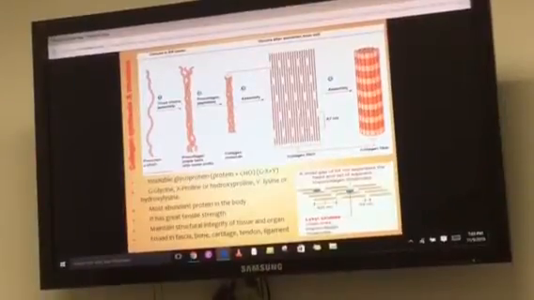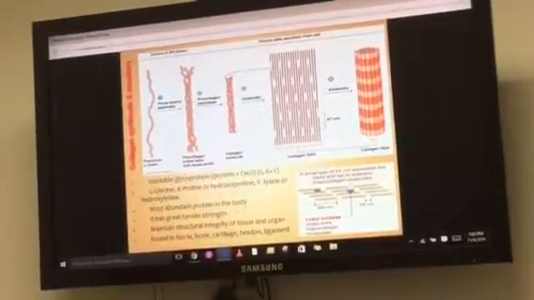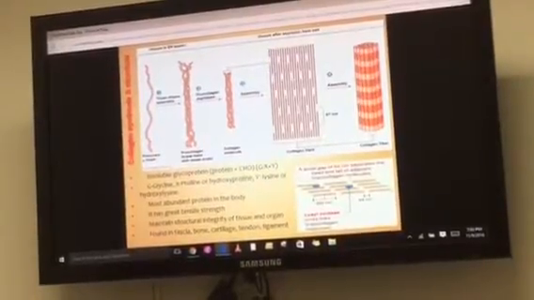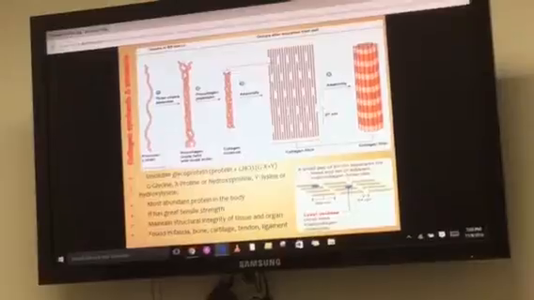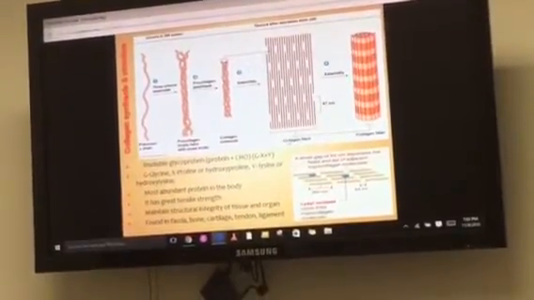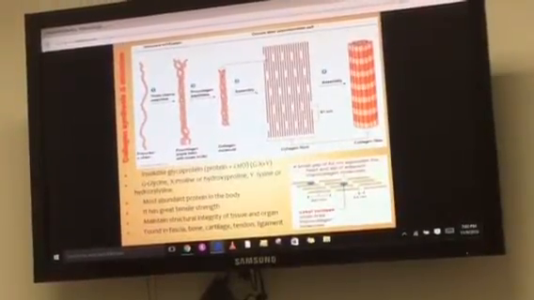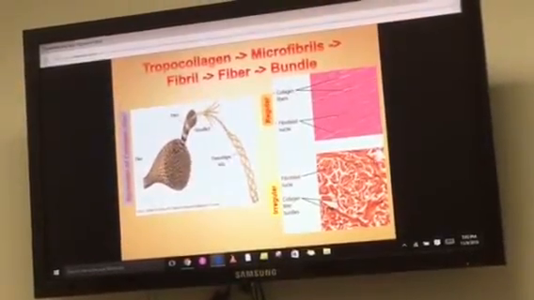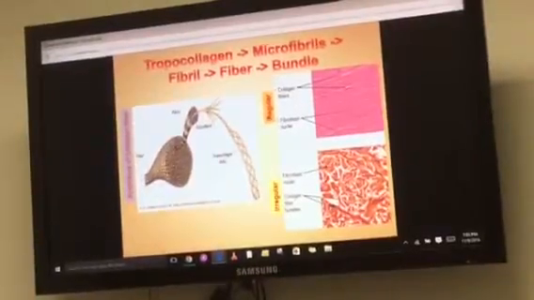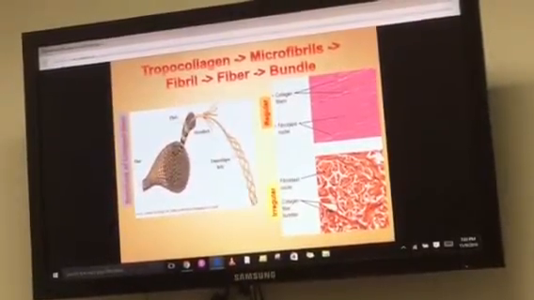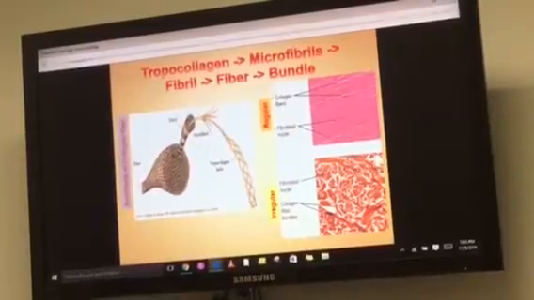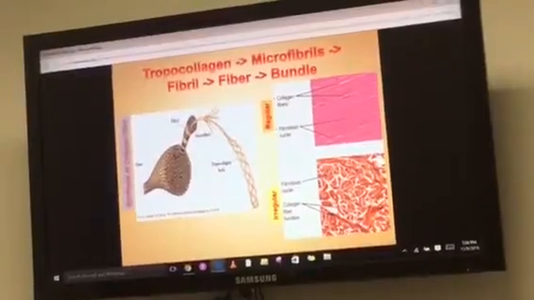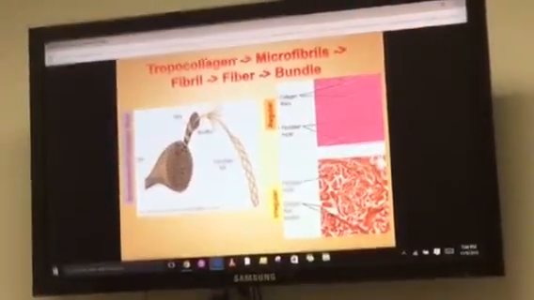In between those staggers, the small gaps are measured to be 64 nanometers, separated from each other from head to tail. And so then it makes the collagen fiber. That's just an image to show the size of it and how it's made. So it's the tropocollagen helix, then it goes into microfibril, then fibril, and then fibers. Those are the images of the fibers.